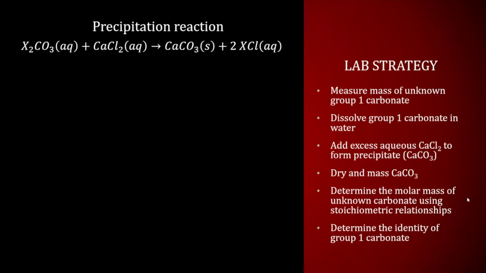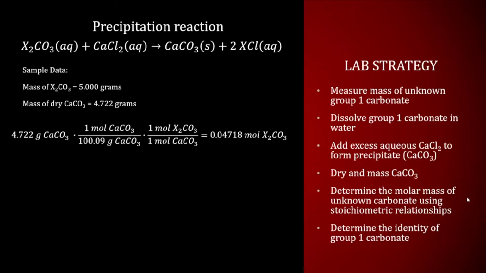So how would this play out? I have some sample data here, whereby we have an initial mass of 5.001 grams of the unknown carbonate. Suppose after going through the process, we obtain a dry mass of calcium carbonate of 4.722 grams.